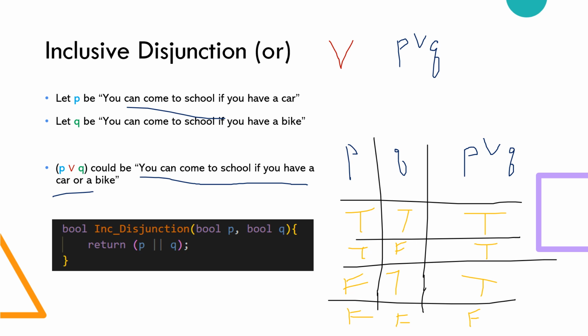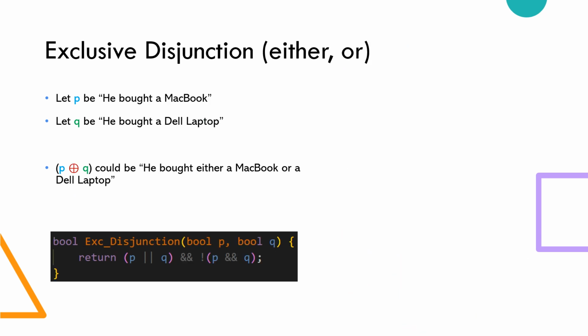So now let's go to the exclusive disjunction. Exclusive disjunction is kind of an either-or statement, and it is represented by this symbol that looks like a plus in a circle. So if I want to write a compound proposition, I'd write it like P exclusive or Q. Okay. So here's an example.